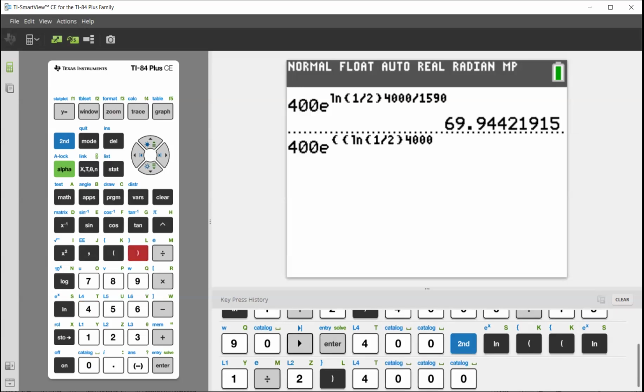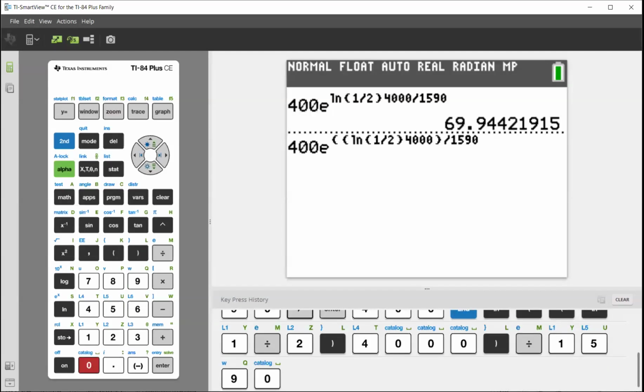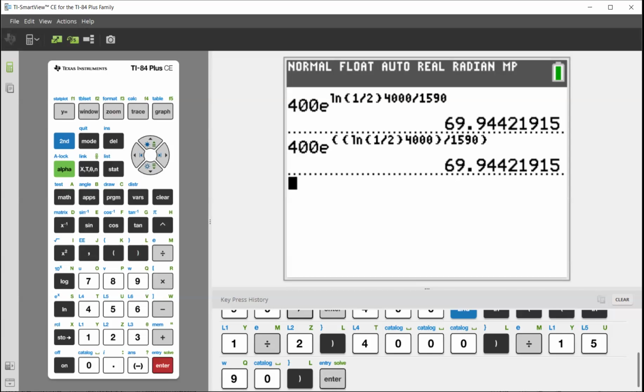This parenthesis frames the numerator of the exponent, then divided by the denominator 1,590, and then close the parenthesis that frames the whole exponent. I like to play with those parentheses. It means you understand the structure very well. Also, every calculator is different, so the more you play, the more familiar you get with your calculator. And when you take the test, your calculator will be able to help you.